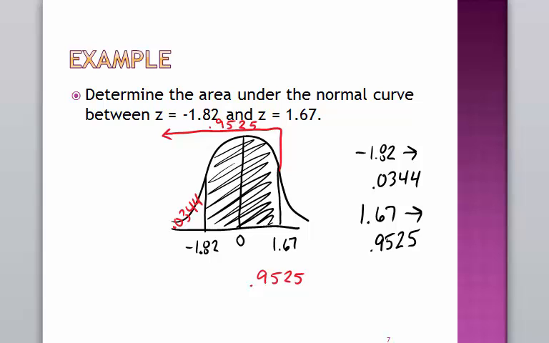So these three sections make up 95.25. We're going to take off this section that we don't want. And so we're going to subtract 0.0344 from 95.25, and that should give me my answer of 91.81. So the area of the shaded region is going to be 0.9181.